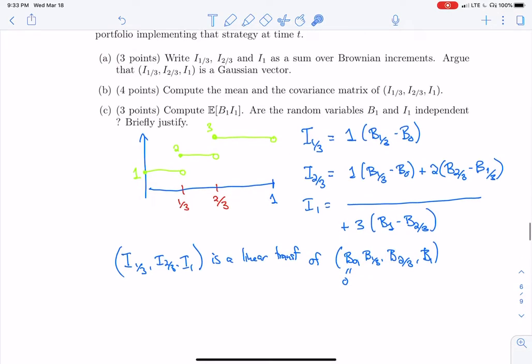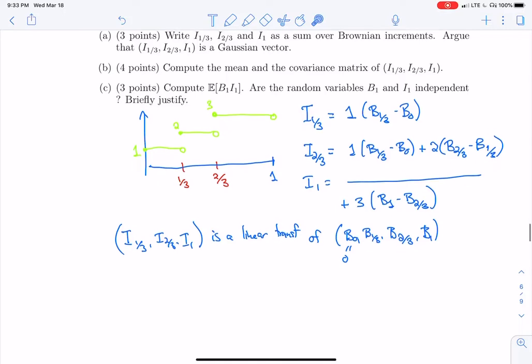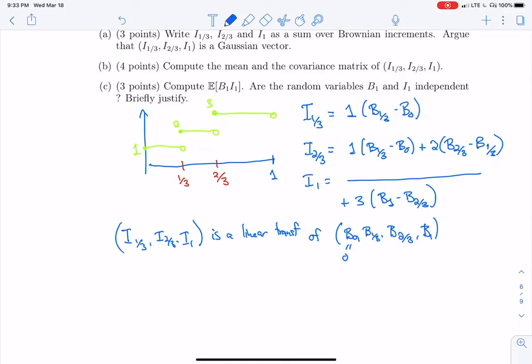Now I know that these random variables are Gaussian, so they're jointly Gaussian. Okay, now compute the mean and the covariance. So that's easy. So the mean, again, the mean of an Ito integral is always 0.